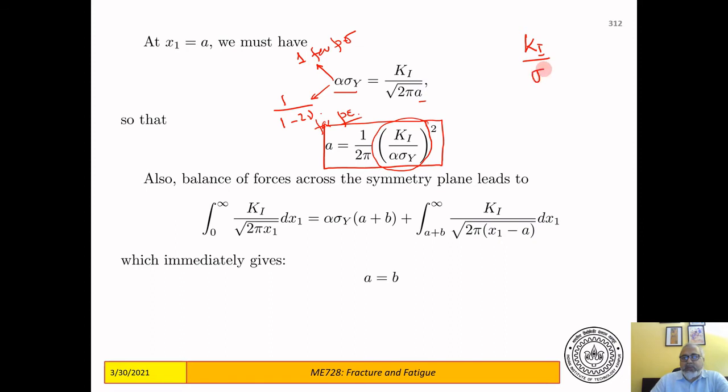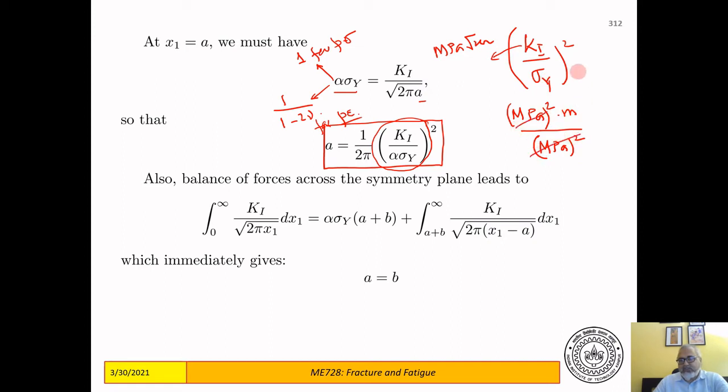This is K1 by sigma y whole square, and if you see, K1 has units of, let's say, MPa root meter. So this is MPa square meter divided by sigma y, which has units of MPa, so MPa square.